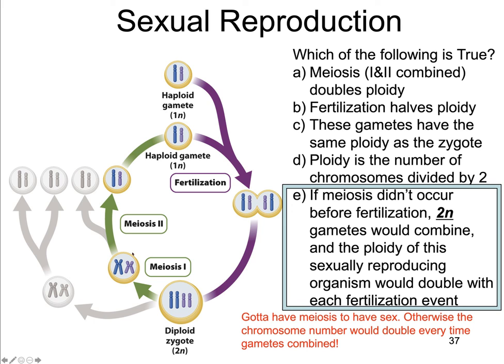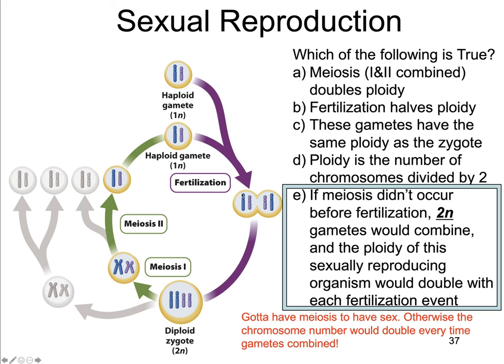So if this meiosis stage didn't occur, these gametes would be 2n instead of 1n, so the ploidy wouldn't be cut in half, and therefore you'd have these cells combining and being 2n in the first place to get, after fertilization, a quadruploid or tetraploid cell with 4 copies, okay?